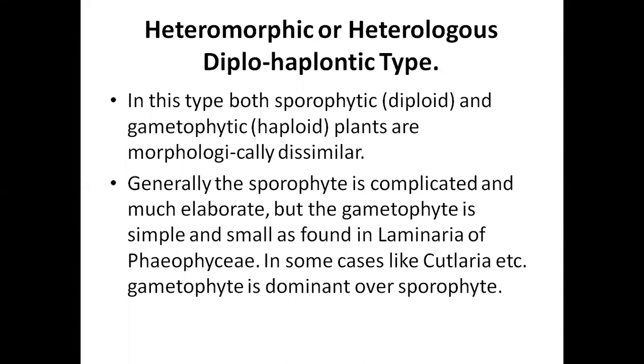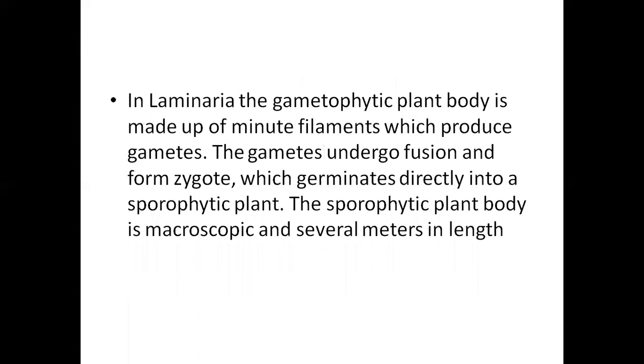So you cannot identify by just seeing them. But in here, there is morphological dissimilarity between the haploid stage and the diploid stage. Here, the sporophyte is generally a complicated one, but gametophyte is very small and it is very simple. And generally, you will find this life cycle in laminaria of Phaeophyceae.